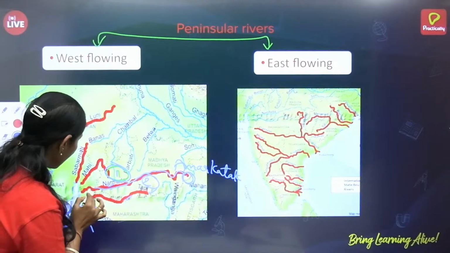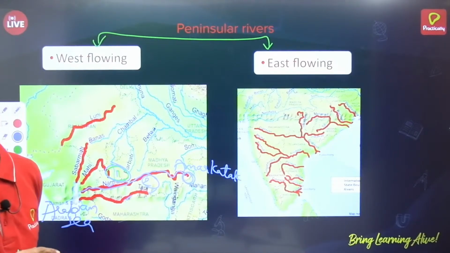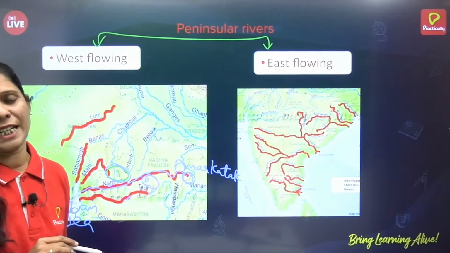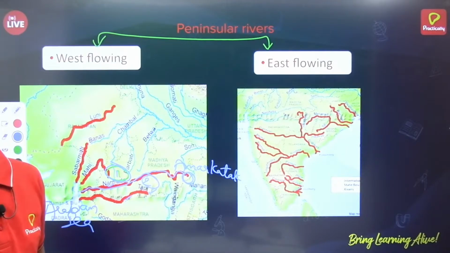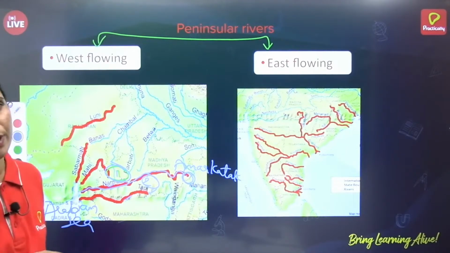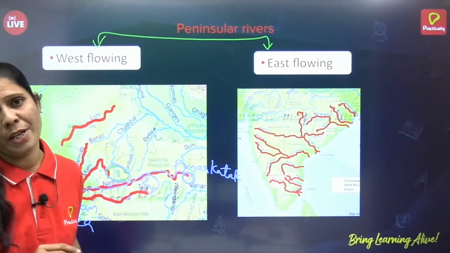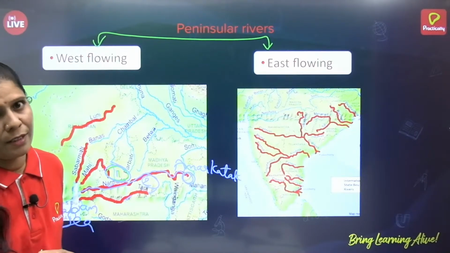Especially in Gujarat, we see a dam on the Narmada river, the Sardar Sarovar Dam, which is world famous also.